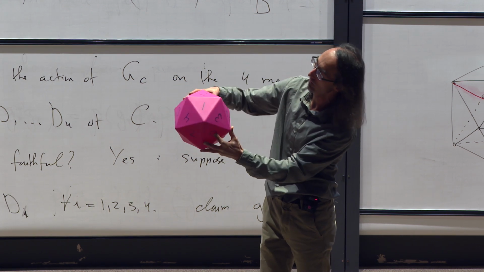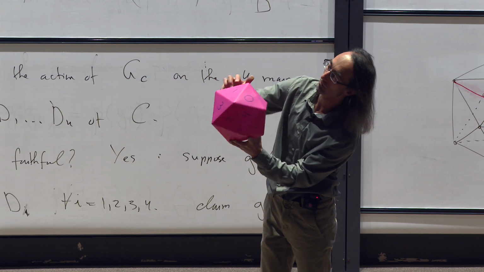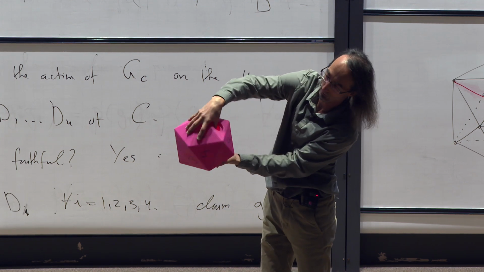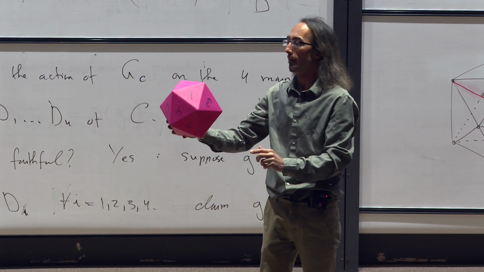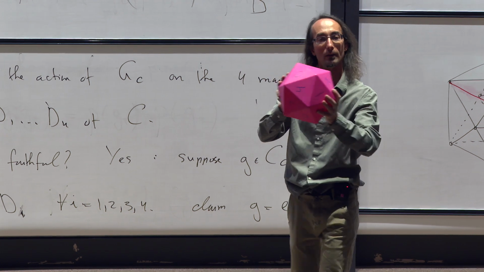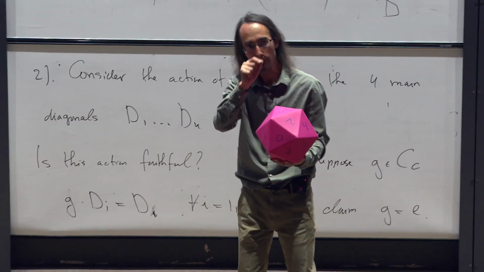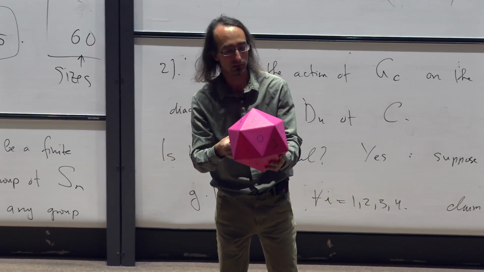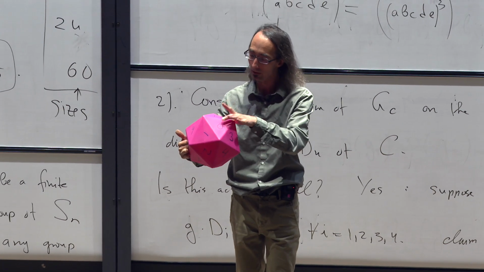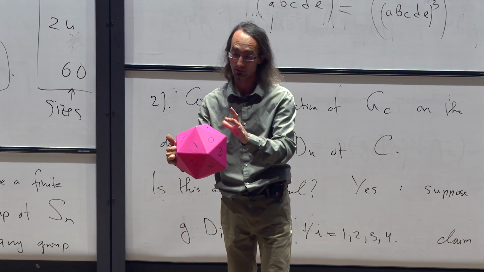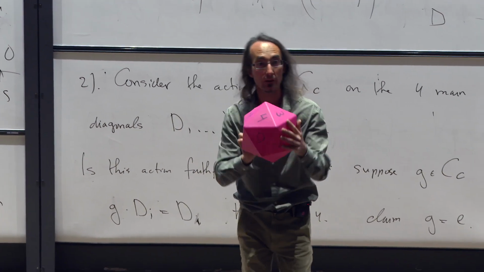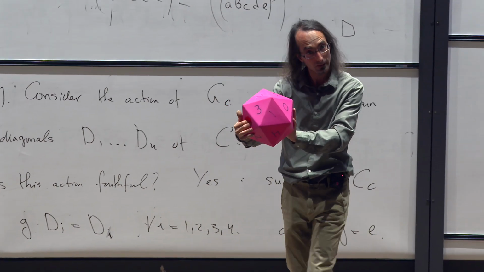So for example, 0 is this 0, 0 here, 0 here, and 0 here. In this way we have 5 colors, each of them labeling exactly 4 faces. So any rotation must actually permute these colors.